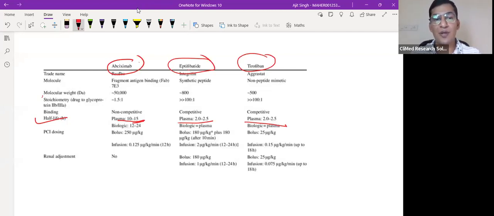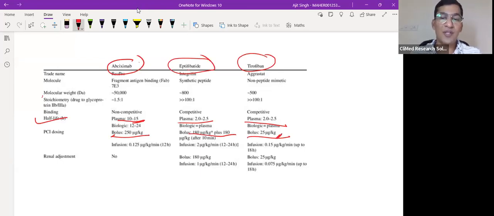Now, if I talk about dose, the bolus dose is 250 microgram per kg for abciximab, 180 microgram per kg for eptifibatide, and for tirofiban it is just 25 microgram per kg.